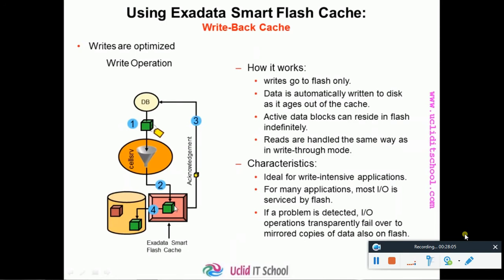Once the writing is done, acknowledgement is given to the database server. Because flash storage is much faster, the writing will be completed in a faster manner. That way the write operation is optimized. Then at a later stage, as required, this block may be written to the hard disk. So that is how it works.